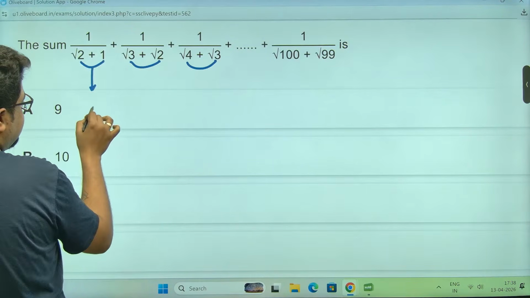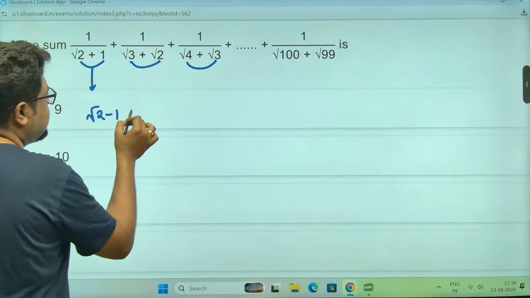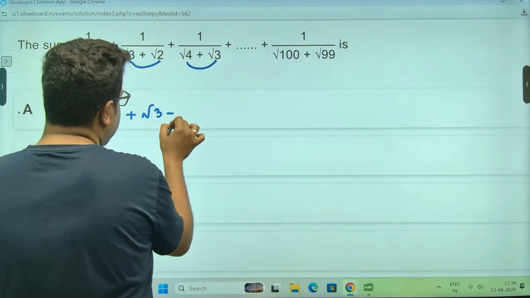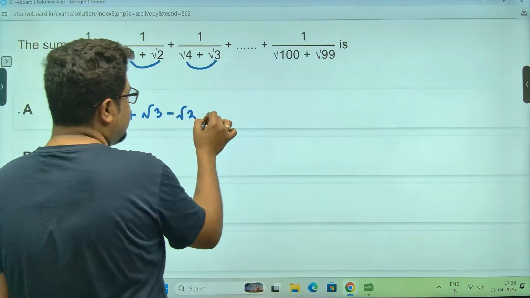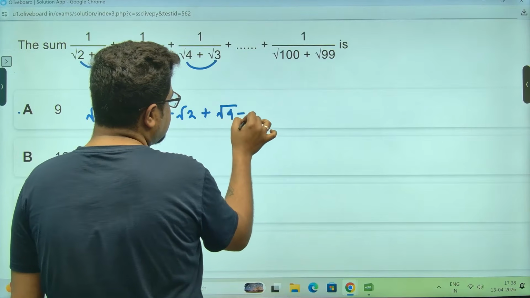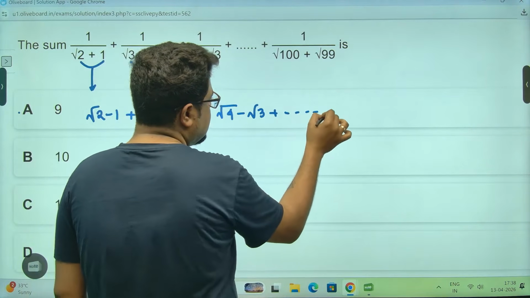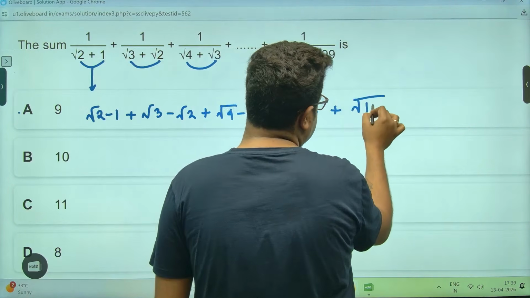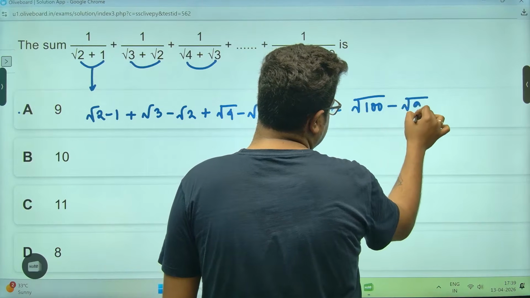So this term becomes root 2 minus 1, this becomes root 3 minus root 2, this becomes root 4 minus root 3, and similarly this becomes root 100 minus root 99.